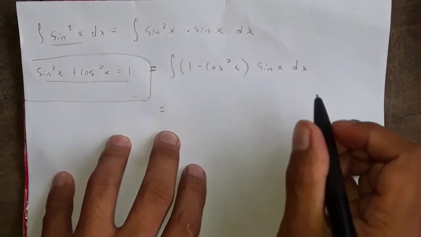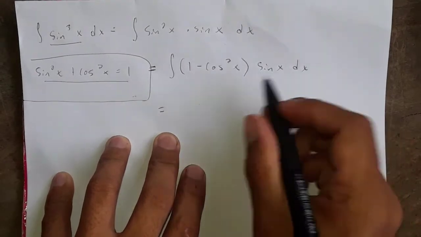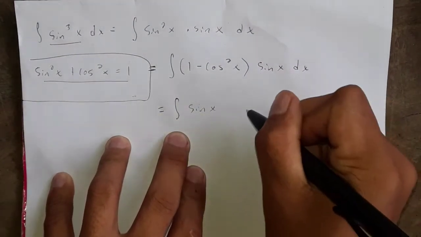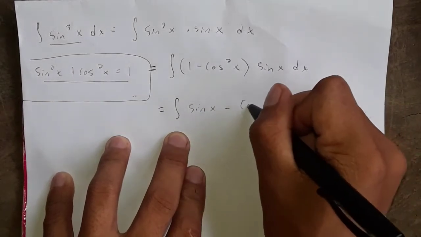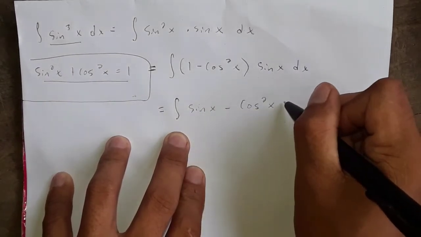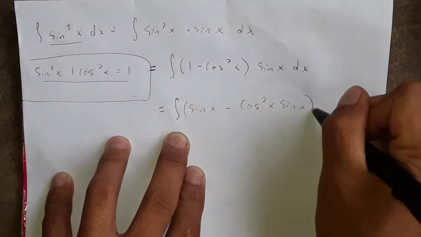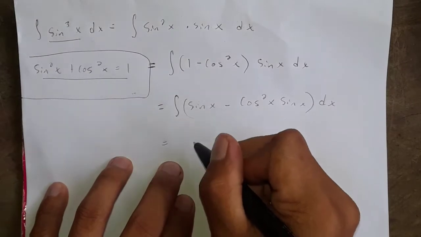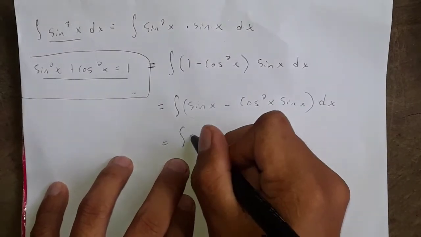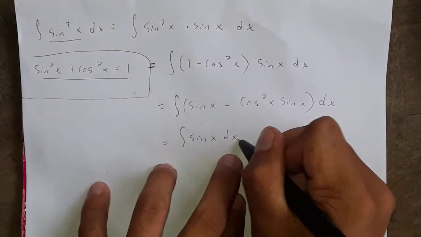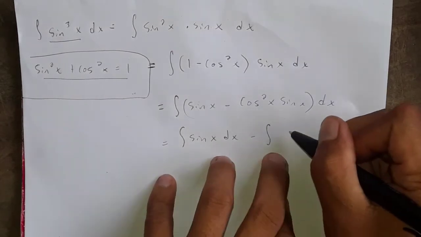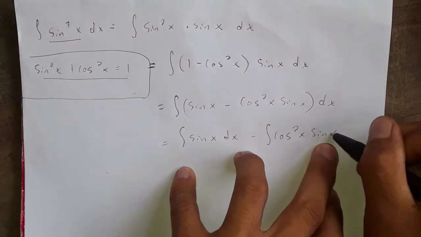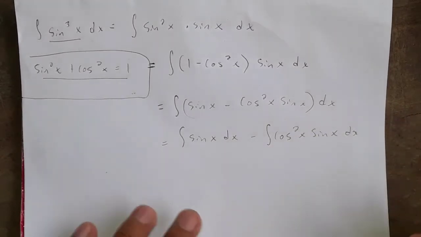So by distributing the sine x to each term, we have the integral of sine x minus cosine squared of x times sine x dx. Now, in simplifying, we're going to integrate sine of x dx minus the integral of cosine squared of x times sine x dx.